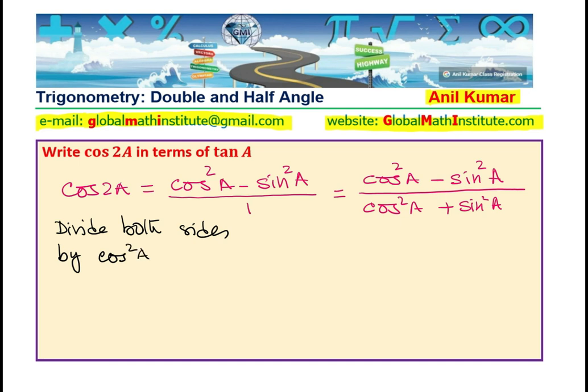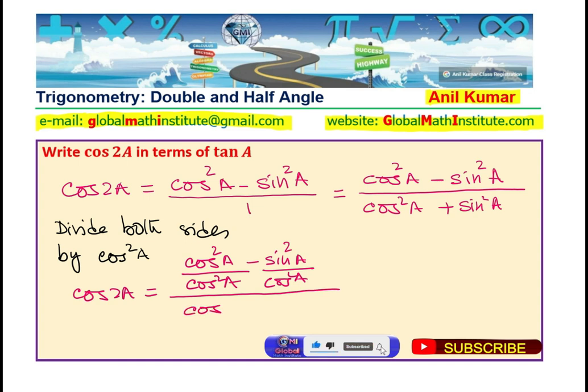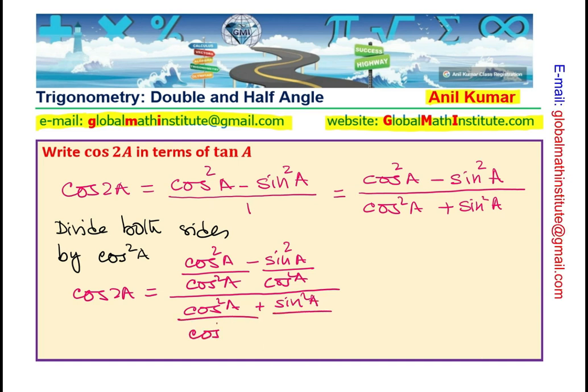And once you do that, what do you get? We get cos 2a equals to cos square a minus sine square a. Both sides means numerator and denominator, right? So we are dividing by cos square a, both of them, right? And in the denominator also, we have cos square a plus sine square a. We are dividing these by cos square a.